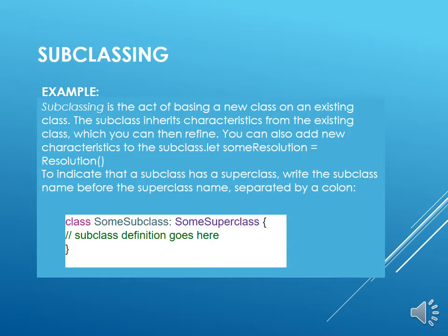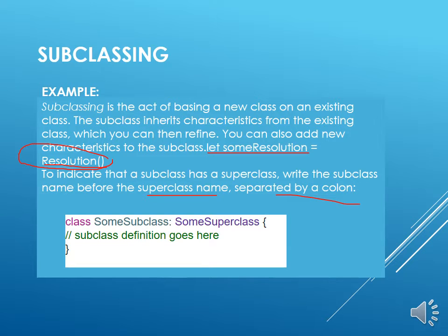Subclassing is the act of basing a new class on an existing class. It means if we have already created a class and we extend that class, then we are subclassing it. The subclass inherits characteristics from the existing class, which you can then refine. We can also add new characteristics to the subclass. To indicate that a subclass has a superclass, we write the subclass name before the superclass name, separated by a colon.